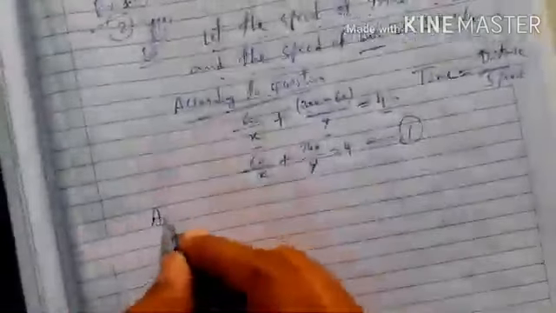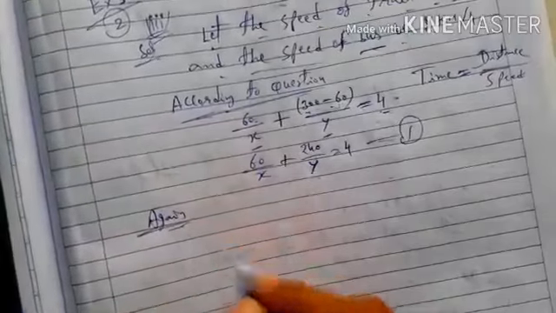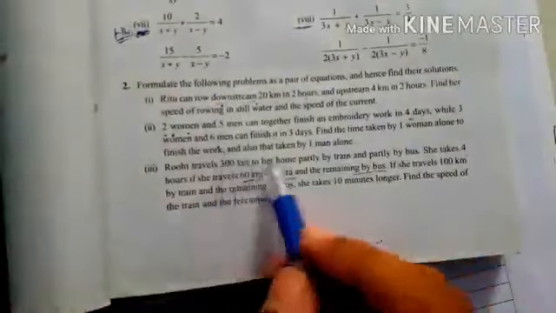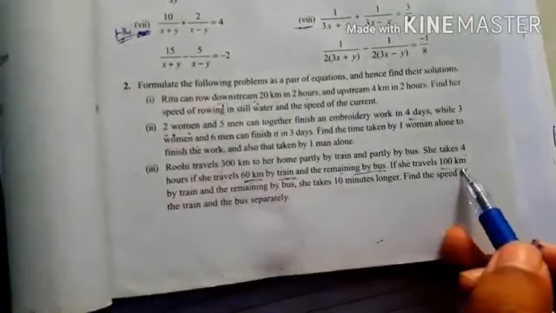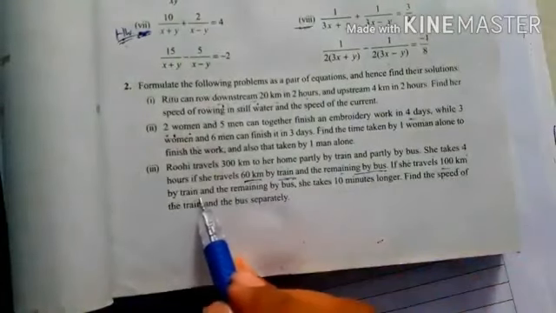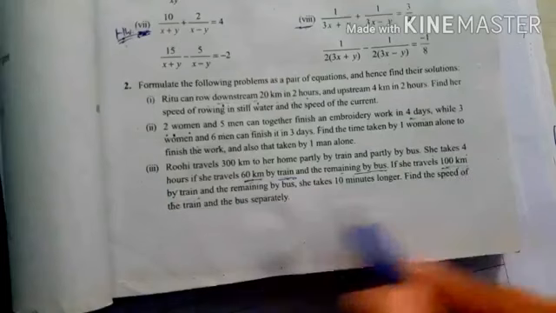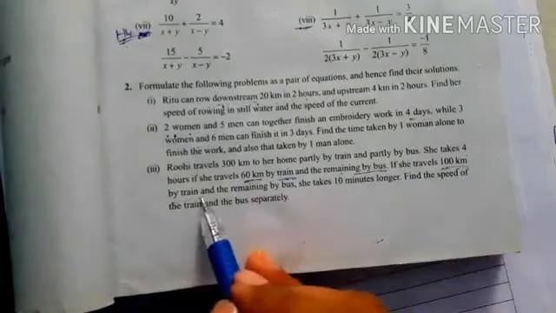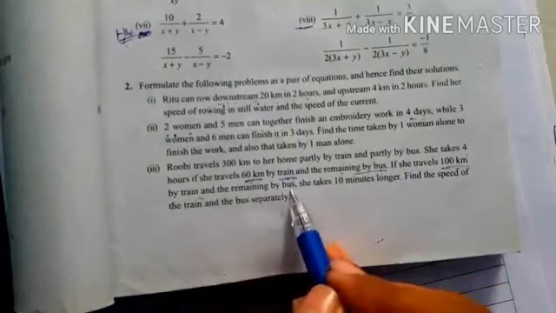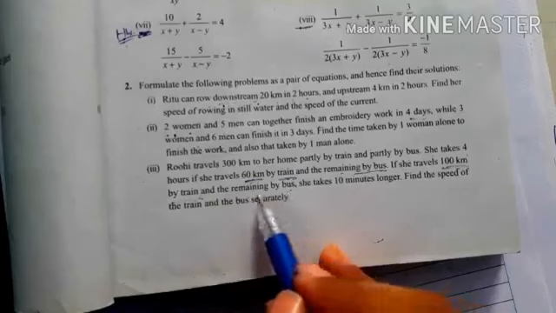Again, the next step. According to the question, she travels 100 kilometers by train. So the time taken by train is 100 by x, and the remaining by bus is 300 minus 100, which means 200 by y, the time taken by bus.